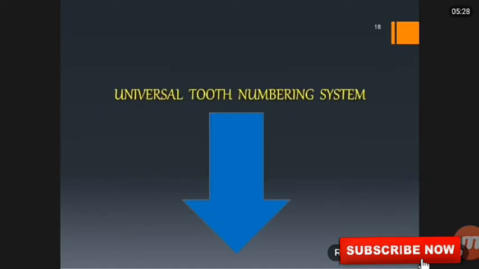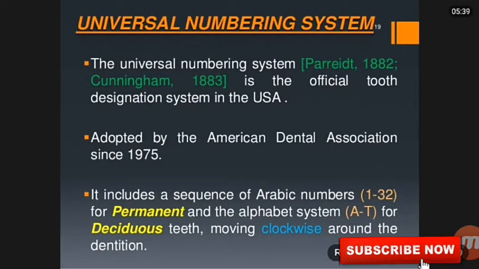First we will discuss the Universal tooth numbering system. It was first used in 1882 and adopted by Parreidt and Cunningham in 1883.